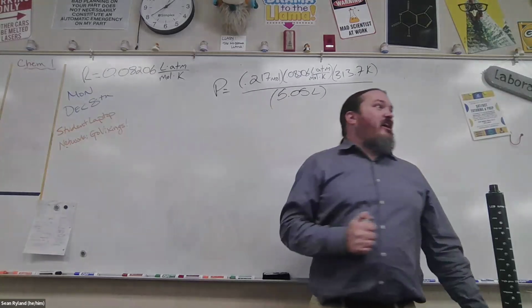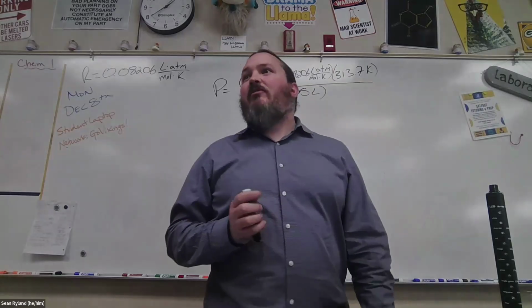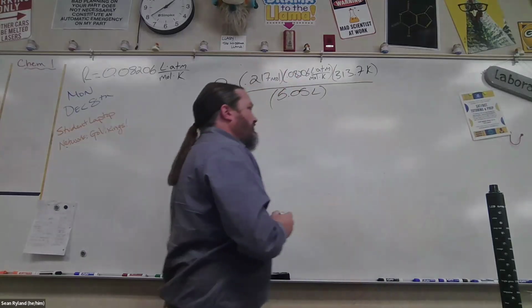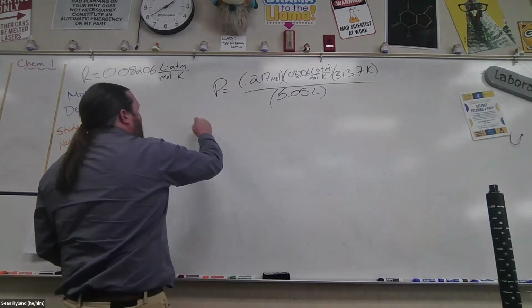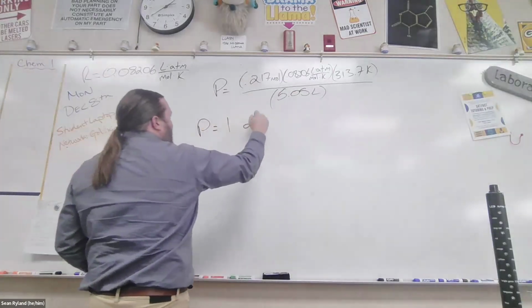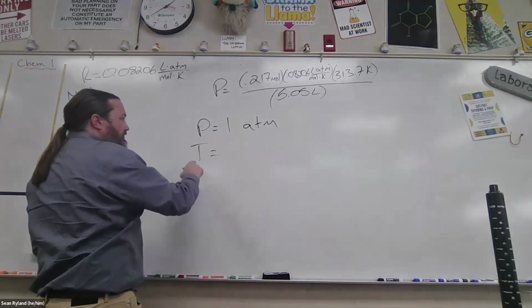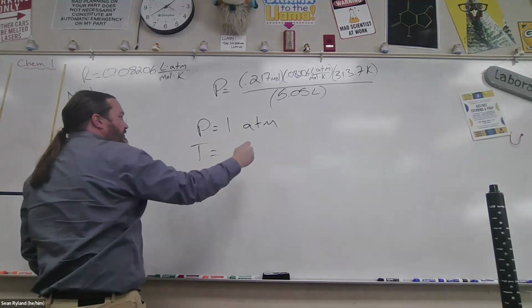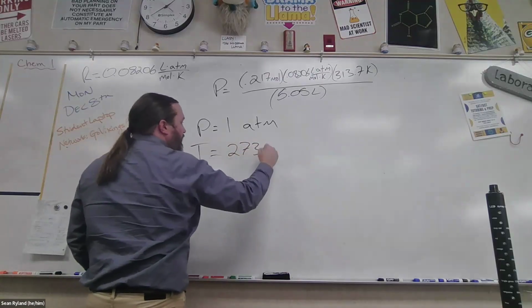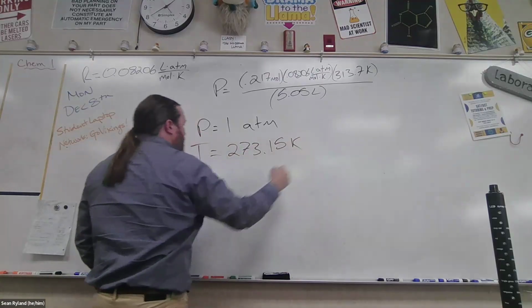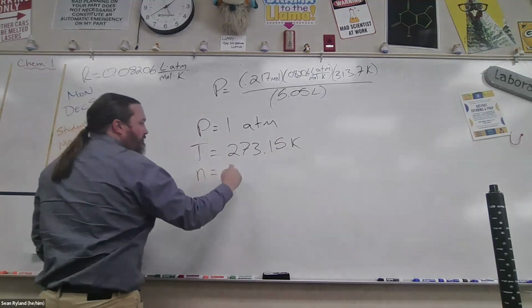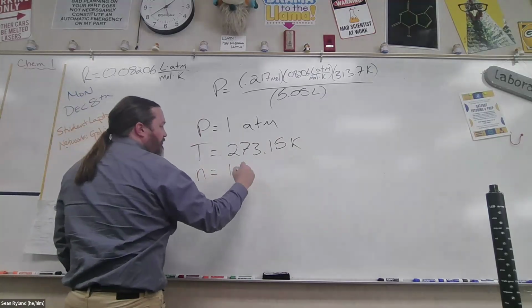You can basically plug in 1 for a mole and see what volume that comes out to be. Pressure is exactly 1 atmosphere, temperature is 273.15 Kelvin, and n is exactly 1 mole.